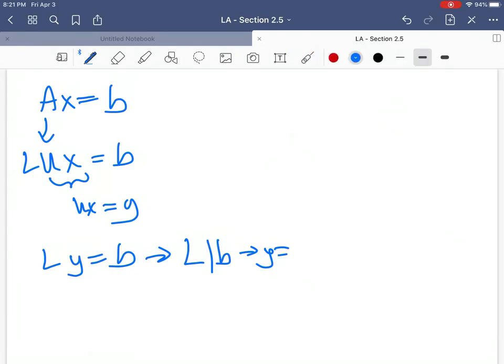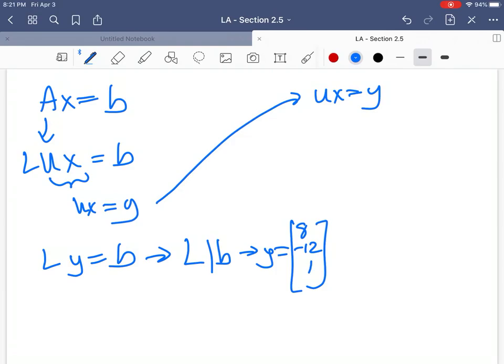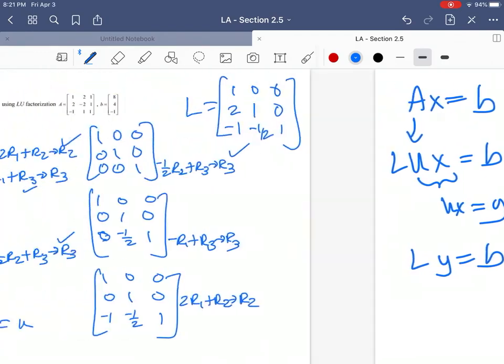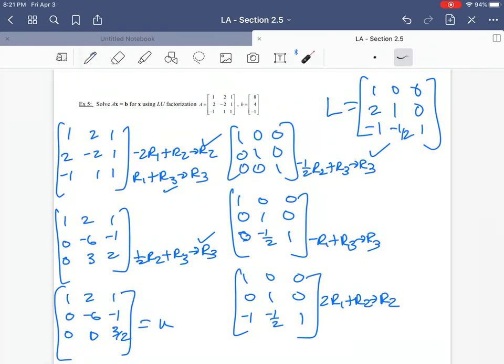When I do that, I get y equals 8, negative 12, and 1. Once I know y, I say UX equals y, and there's my x coming into play. I take U, the upper matrix I made before, augment it with the y I just found, and solve for x.